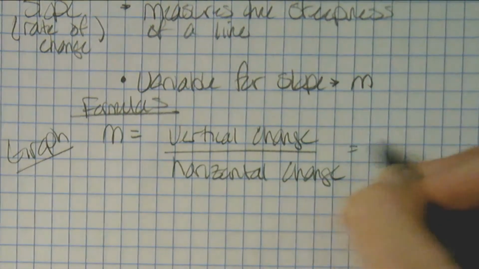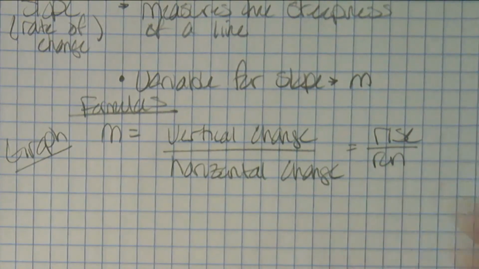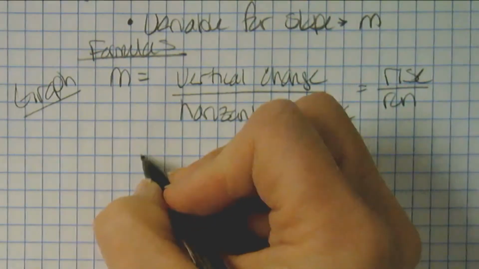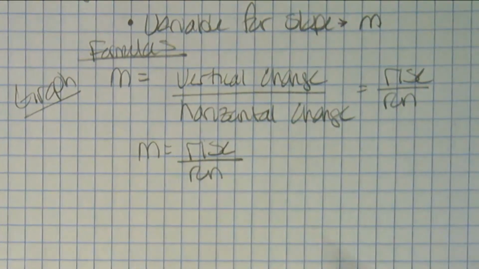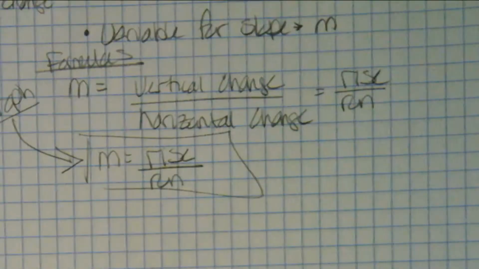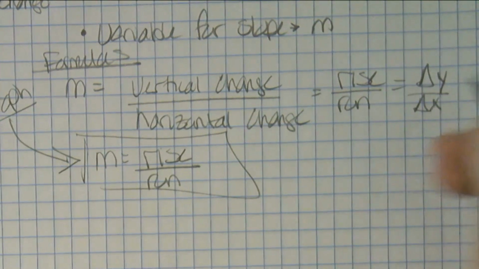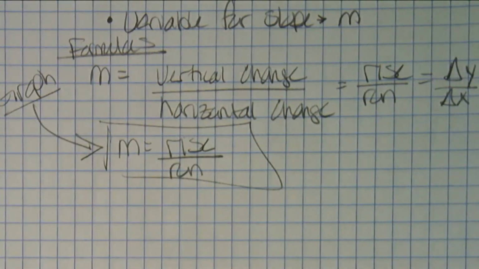Another name for vertical change is rise. Another name for horizontal change is run. You're going to hear that a lot. So on a graph, our slope is our rise over our run. It's still change in y over change in x, but now with slope, when you have a graph, I will refer a lot to your rise over your run instead of vertical change and horizontal change.